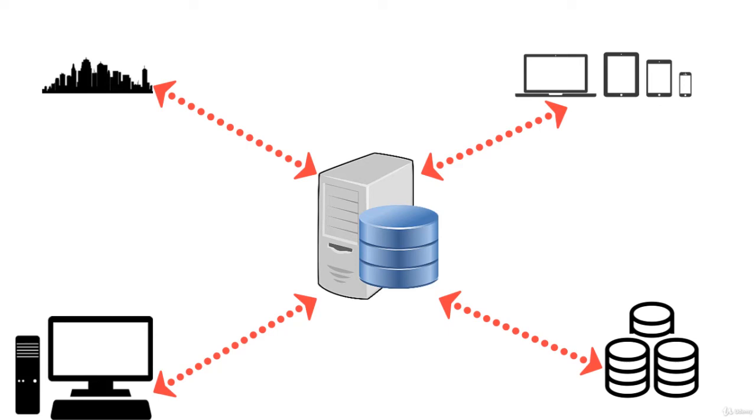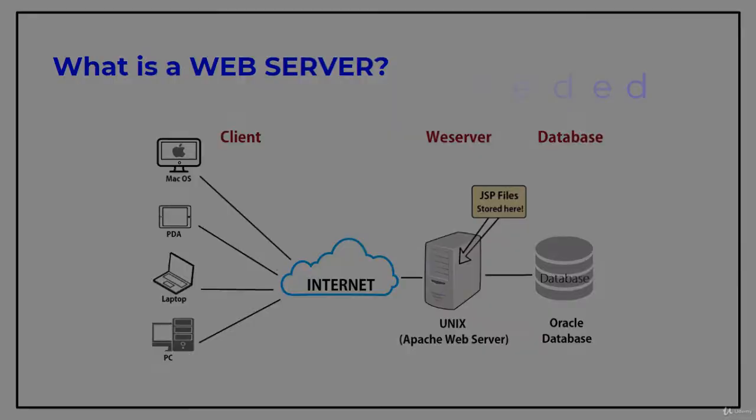The web browser will send this information to the internet and then it will itself find the web server. Once the web server is located, it will request the specific web page from the web server program running on the server. The web server program will process your request and send the resulting web page to the browser. It is the responsibility of the web browser to format and display the web page to you.